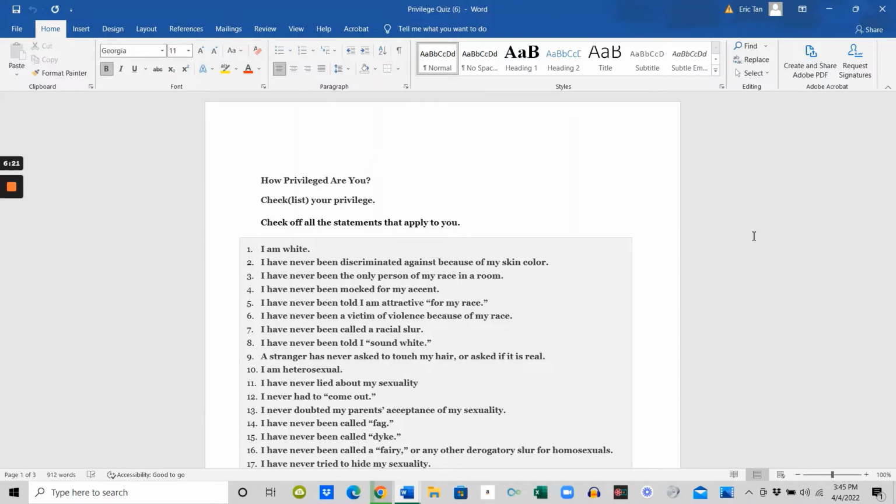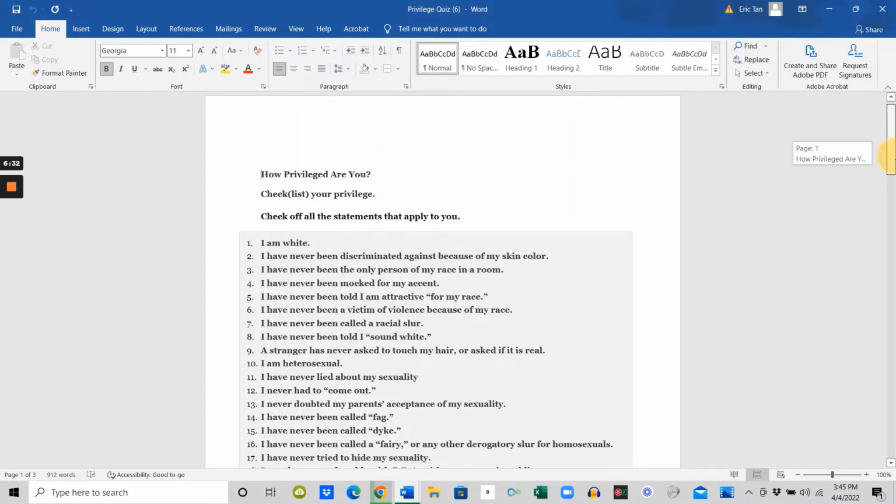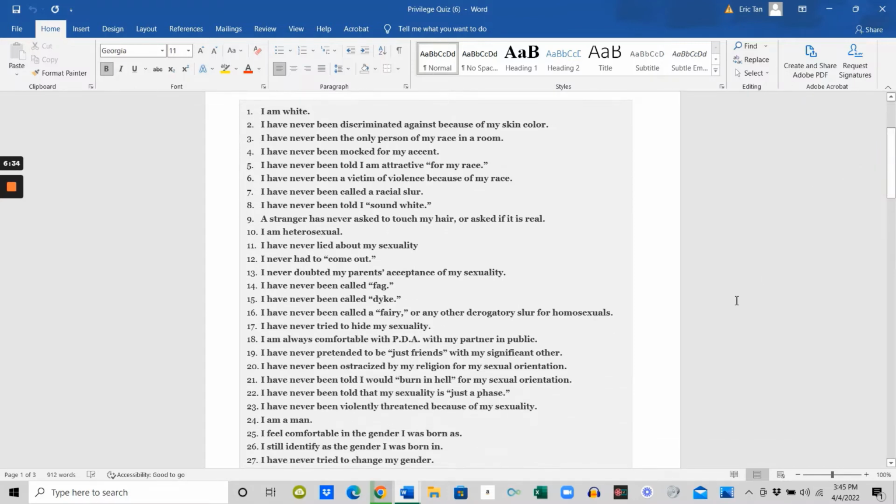There are plenty of white people who are underprivileged in a variety of other ways, and there's plenty of minorities who are privileged in a variety of other ways. And so what this quiz does is allow us to go inward and digest all the areas that maybe we've never had to consider because we have those particular elements of privilege.